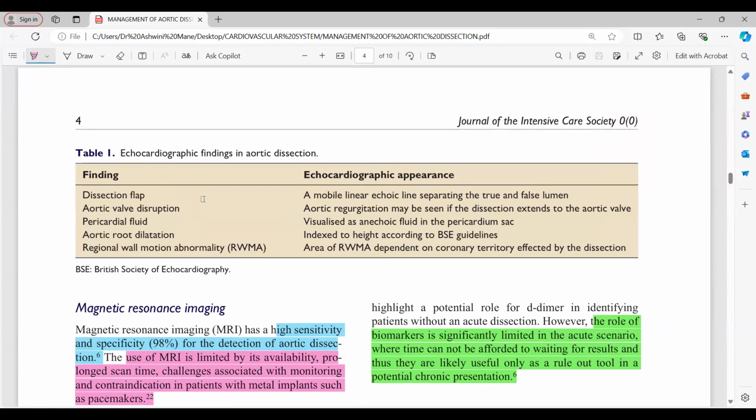Then there is the presence of pericardial fluid, visualized as anechoic fluid in the pericardial sac. Then aortic root dilatation, indexed to the height according to the BSE guideline. Then regional wall motion abnormality, the area of which depends on the coronary territory affected by the dissection.